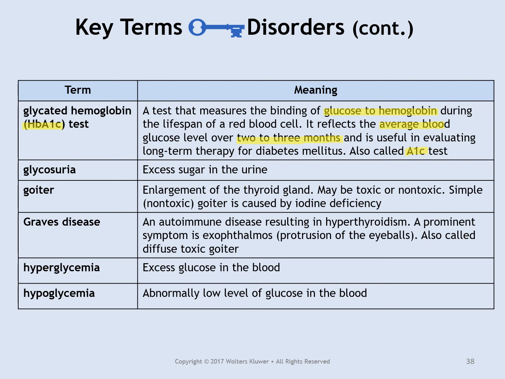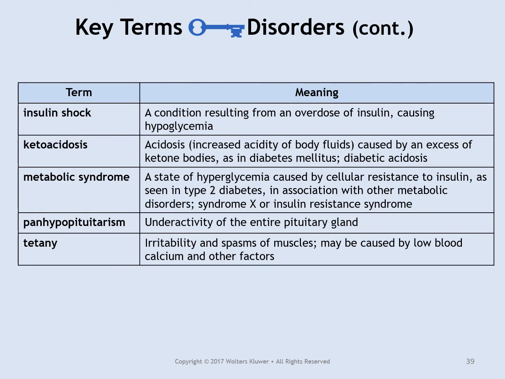Graves' disease, hyper and hypoglycemia, and our last slide here. You can have insulin shock if someone takes too much insulin, and all of the glucose is driven out of the blood system, and the blood starts to run out of glucose, and you can end up with brain damage if it's too severe for too long.